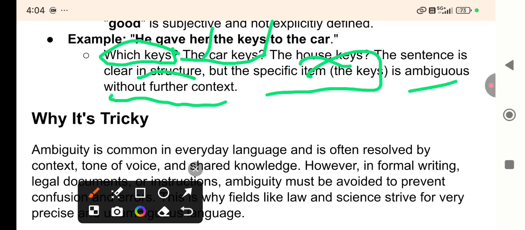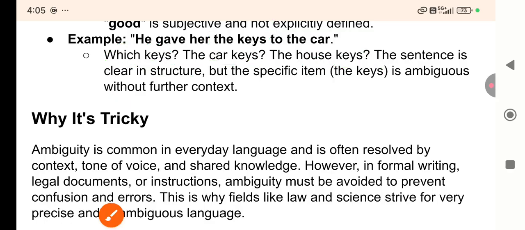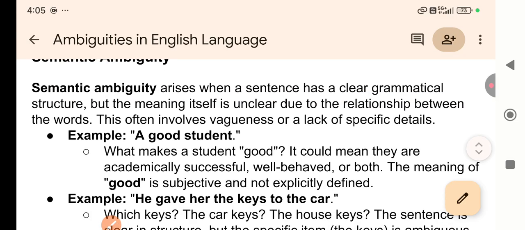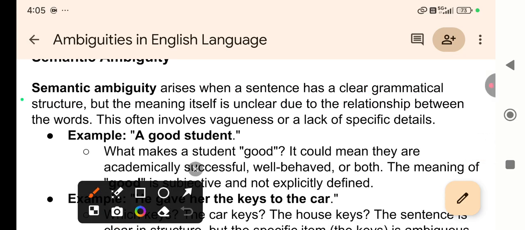So here the context is not clear, so that is why the problem is created. And why? Because first is the relationship between the words, and number two is the lack of further context. So this is called semantic ambiguity. Semantic means when meaning changes, right?